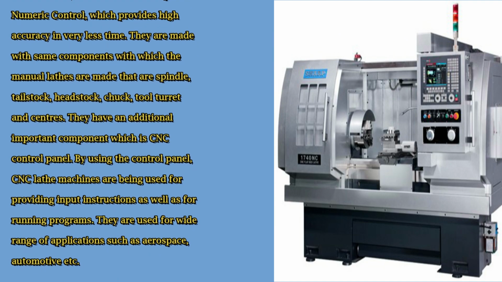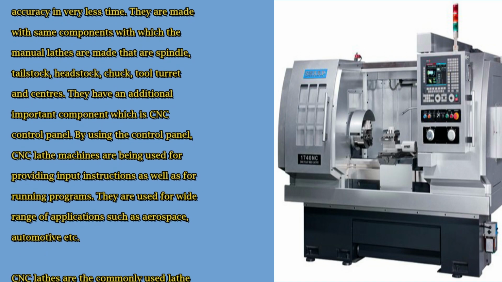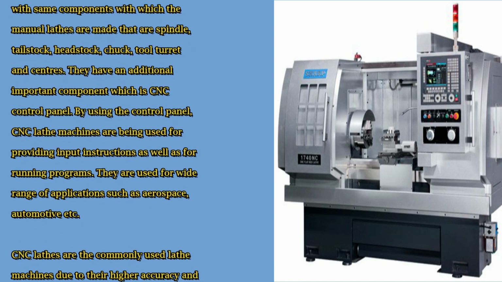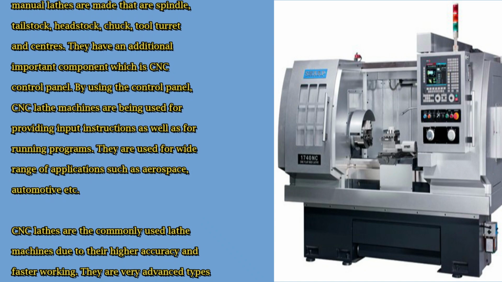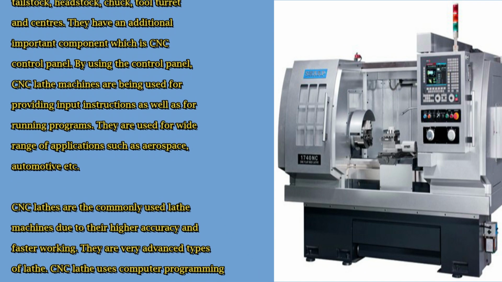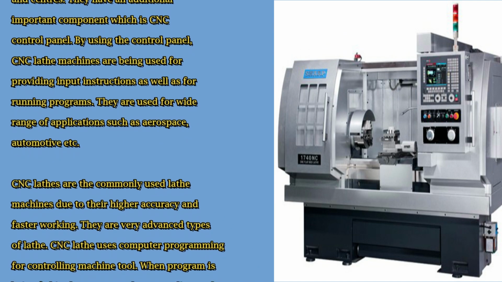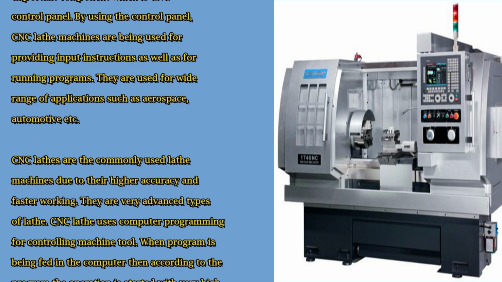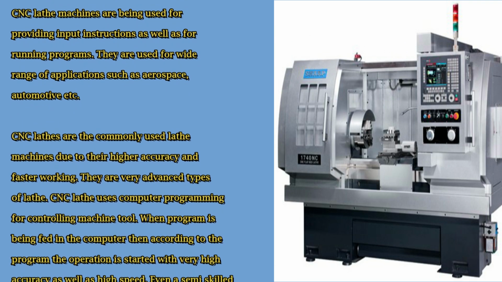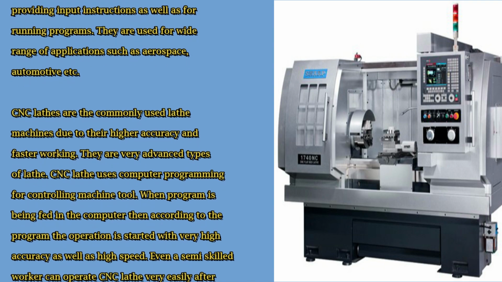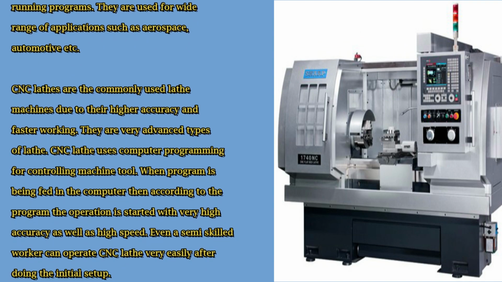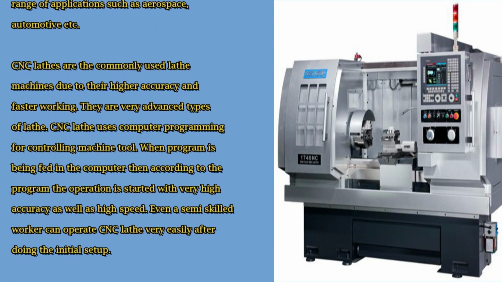By using the control panel, CNC lathe machines are provided input instructions as well as run programs. They are used for a wide range of applications such as aerospace, automotive etc. CNC lathes are the commonly used lathe machines due to their higher accuracy and faster working. They are very advanced types of lathe.